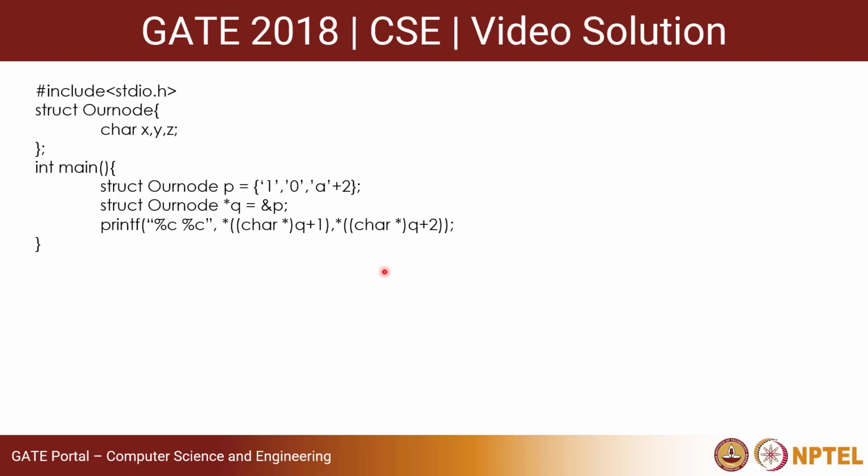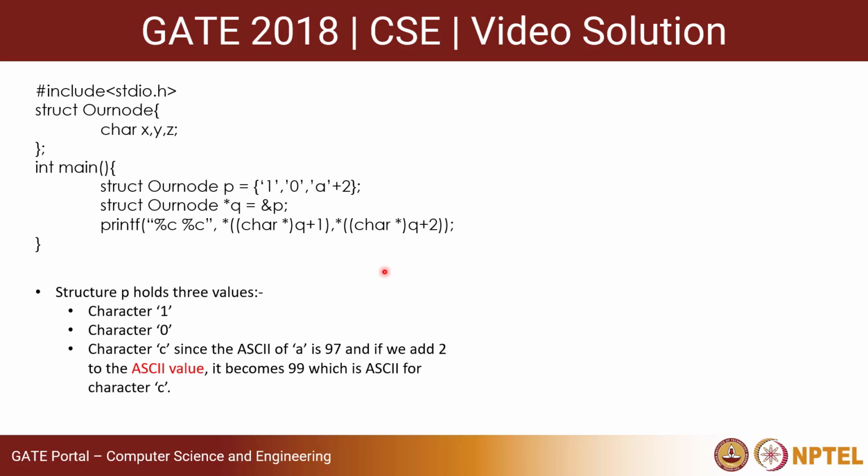So with this knowledge, let us now solve the question. I have written the code snippet here for us to better analyze it. Now the structure P holds 3 values, 1, 0, a plus 2. Now this a plus 2, we are storing it in a char.